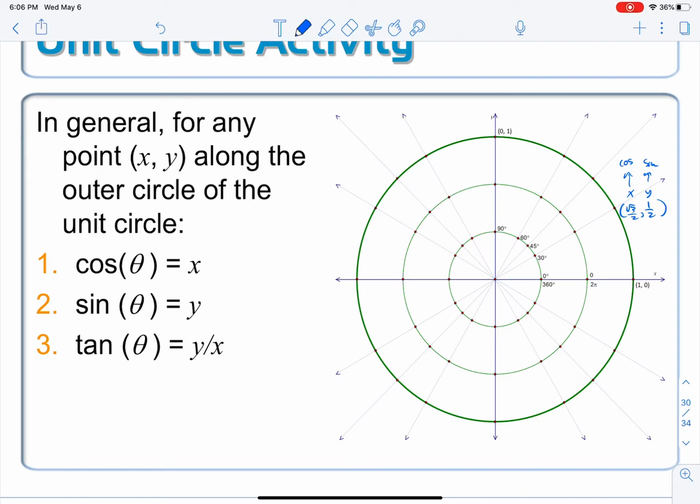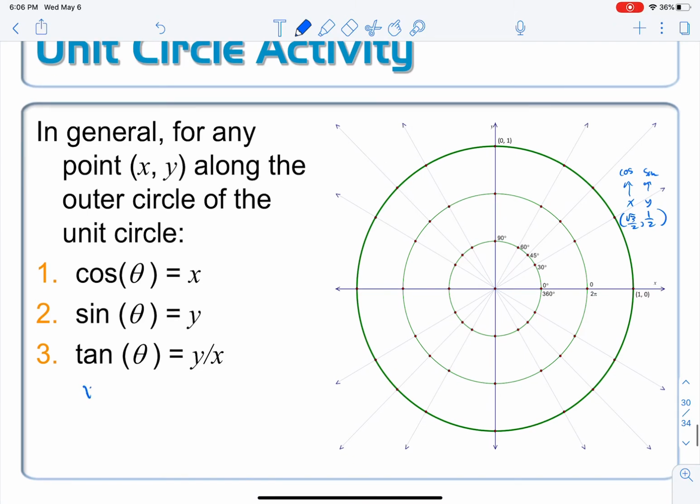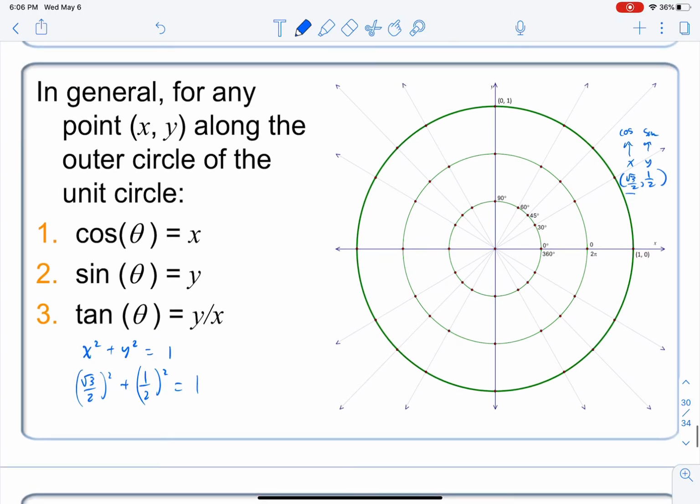Okay, let's put it into the equation of this circle, which is x squared plus y squared is supposed to equal 1. So if I put in the square root of 3 over 2, square it, plus 1/2, and I square it, that should be equal to 1. So let's just work it out. Square root of 3 squared is 3, 2 squared is 4, plus 1/2 squared is 1/4, 3/4 and 1/4 definitely equals 1.